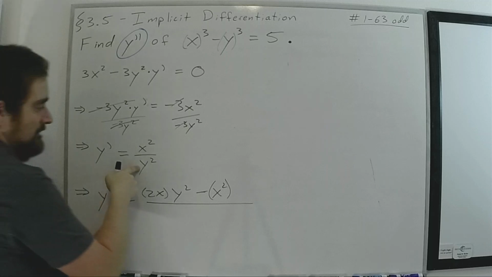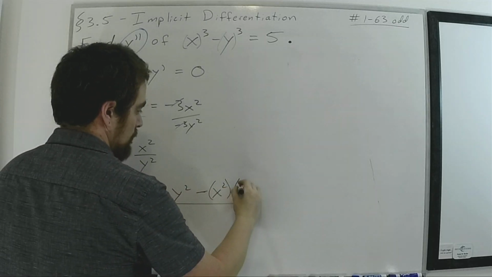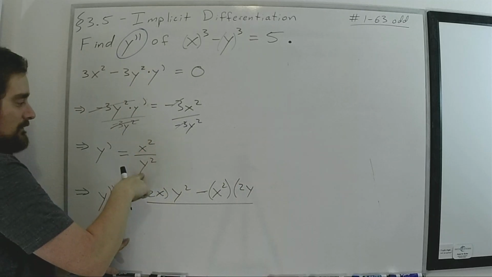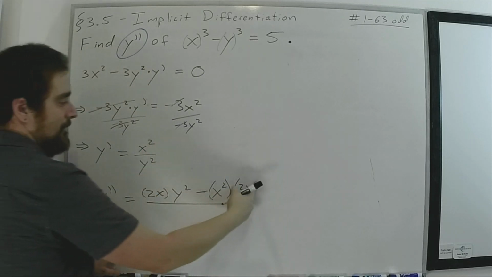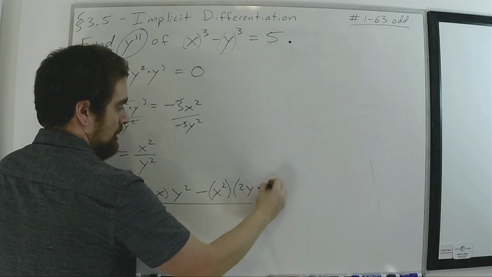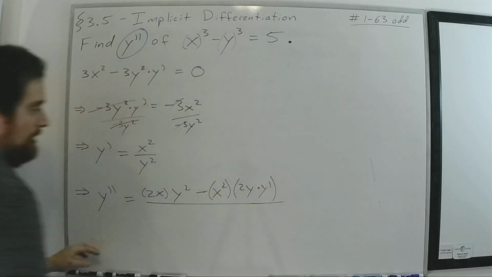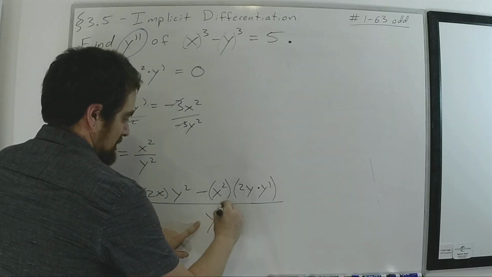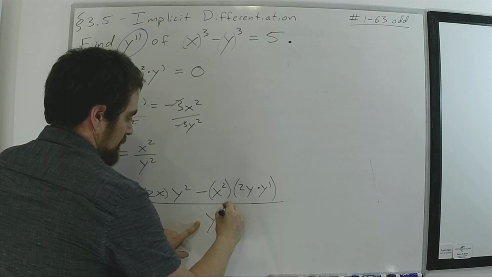Aha, this is implicit because I don't know exactly what that function y is. Since it's a square function with another function y inside of it, the 2 comes down, I reduce the power by 1, and then chain rule says I have to multiply by y prime. Then quotient rule isn't quite done yet because I have to square that denominator function, so it's y squared squared.